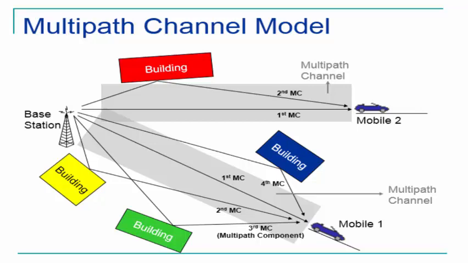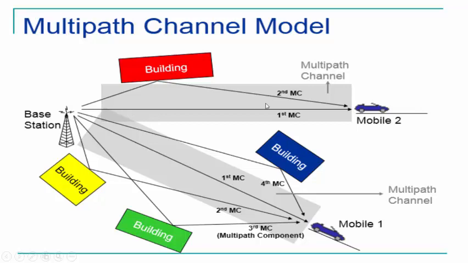Then we'll move towards the channel modeling, that is multipath channel modeling. In this figure we can see two mobile receivers, mobile 1 and mobile 2, and one base station which is responsible for transmitting the radio waves or wireless signals.